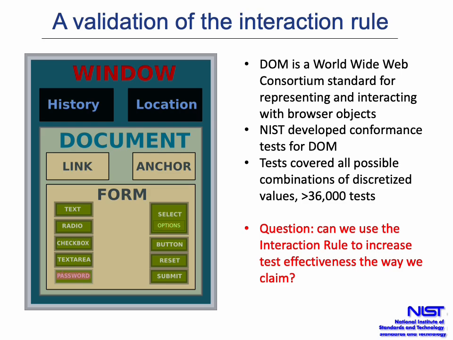So that's an enormous problem. So the question came up as to whether we could use the interaction rule, which we have just talked about, to increase the test effectiveness and effectively test all of the combinations that really matter. In other words, could we use the combinatorial testing approach to find all of the faults with less effort?